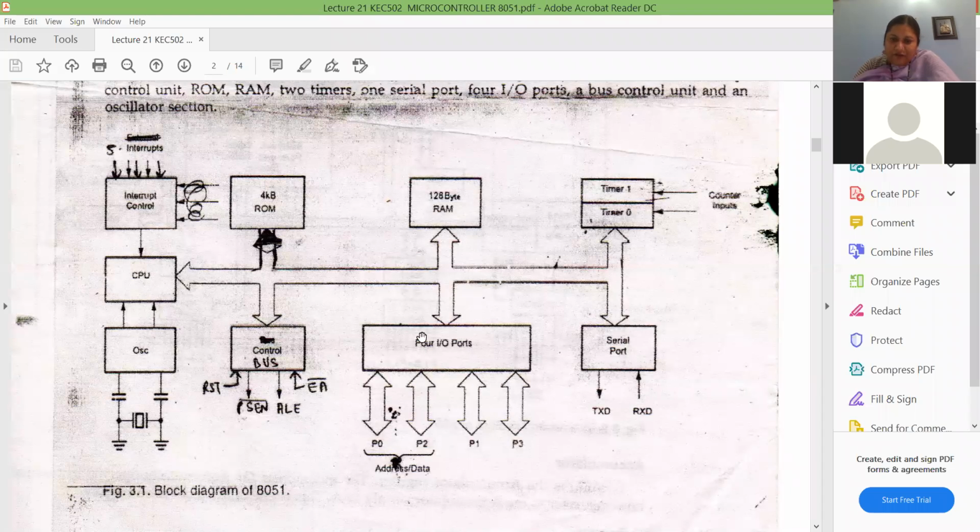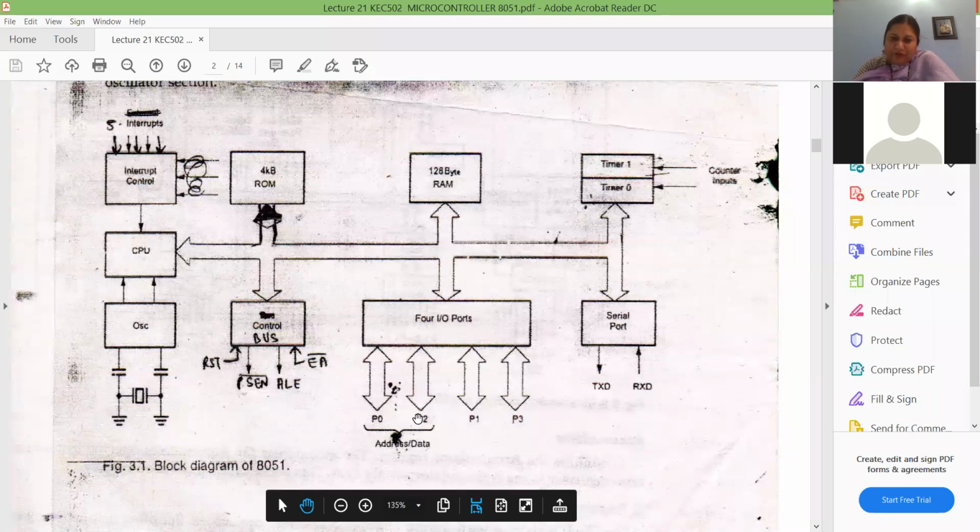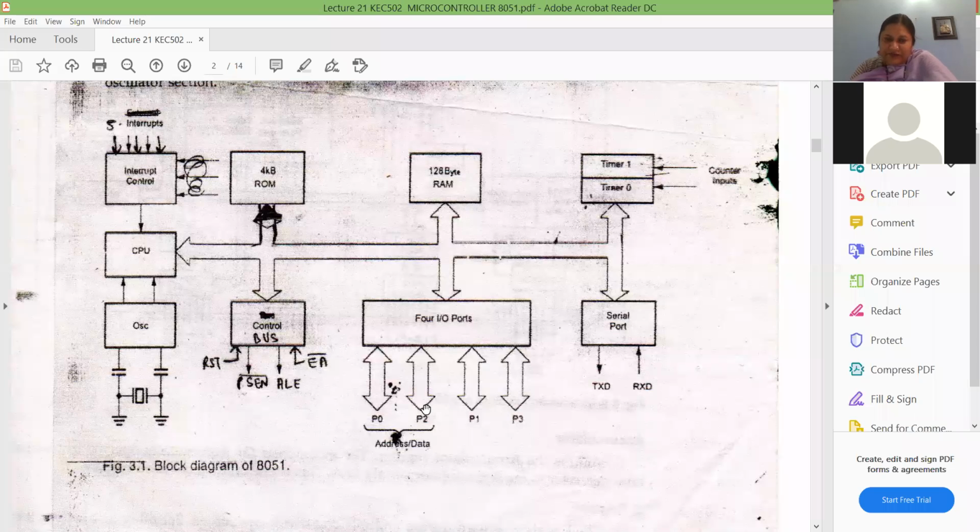You have four input output ports as P0, P1, P2, and P3. All these ports are 8-bit ports, out of which P0 and P2 form the 16-bit address. Because it is 4K, you have a 16-bit address. And you can connect external EPROM also. The maximum memory capacity you can use is 64K after connecting external EPROM.